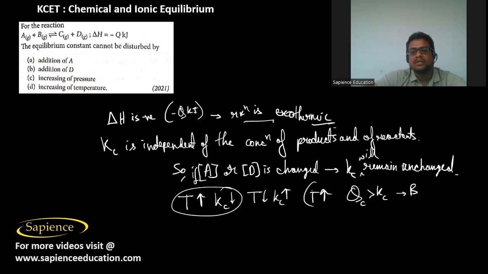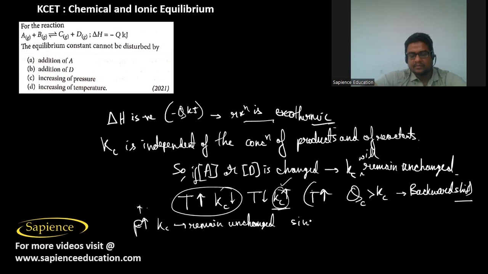So there will be a backward shift in the equilibrium. So if we increase the temperature, then the equilibrium constant will change. And if we increase pressure, then the equilibrium constant Kc will remain unchanged.